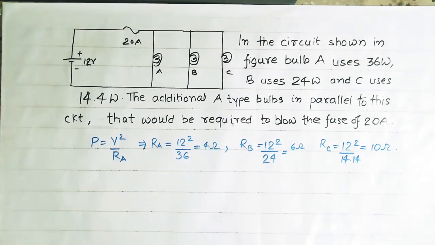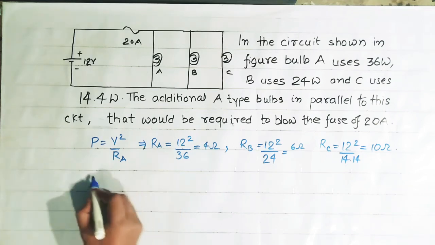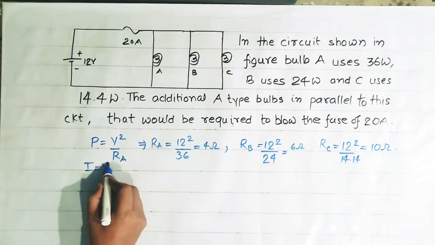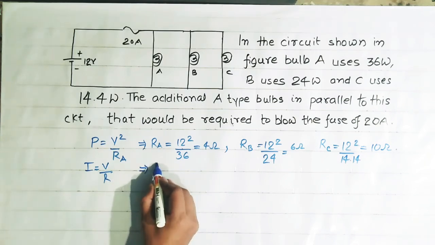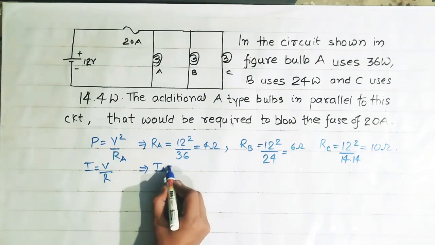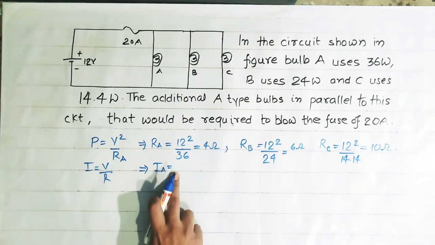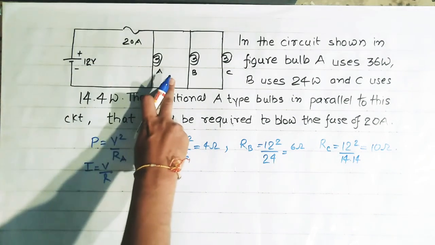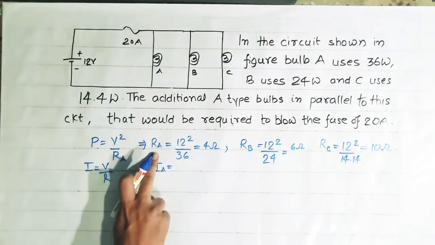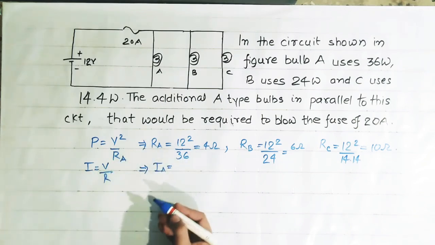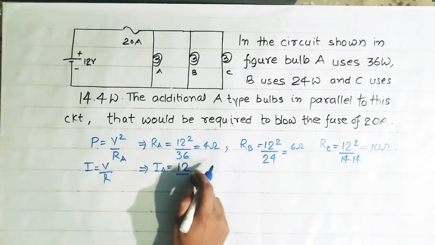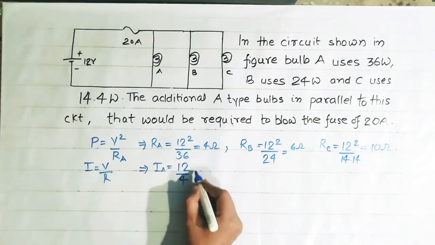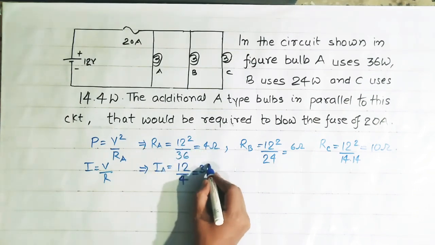Now we know that current I is equals to V upon R. For bulb A, current IA is equals to V, voltage is 12 volt across this bulb A and resistance of this bulb is 4 ohm. So we can write V upon R, that is 12 upon 4 ohm, that is equals to 3 ampere.